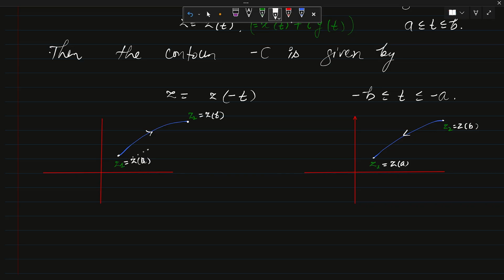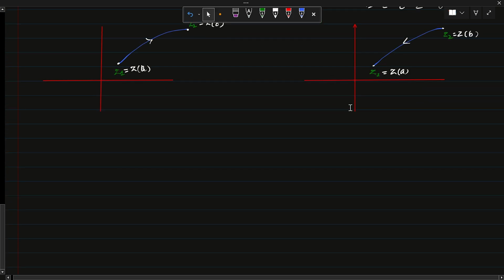So here you can see that when we talk about minus C, the set of points is the same, only its orientation changes, or let us say becomes opposite. In the previous case, we were considering the curve from Z1 to Z2, but in case of minus C, we are considering the curve from Z2 to Z1. So that is the only difference between C and minus C.